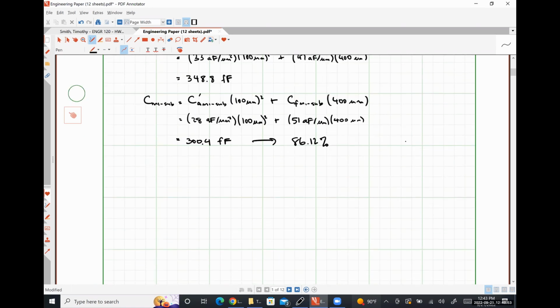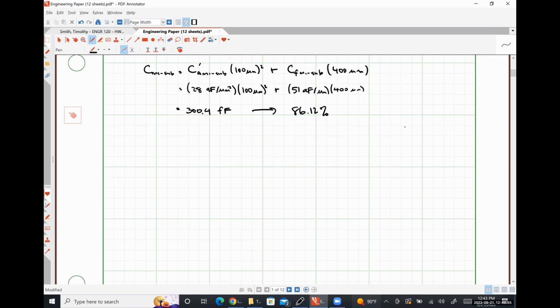So what I'm about to draw is what I'm going to call a folded capacitor, okay? So we have our substrate, and then our field oxide layer.